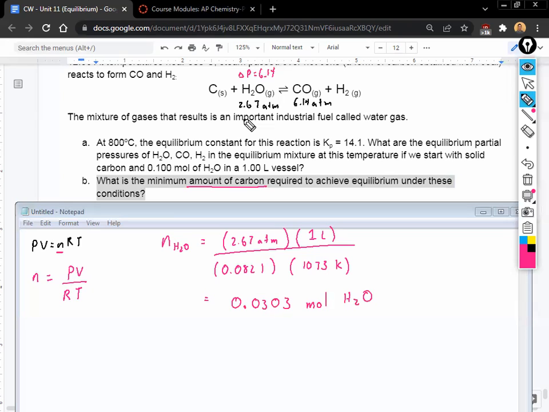We have to talk about the amount that was reacted. Does that make sense, guys? Remember, we started with 8.81 atm of H2O in the beginning. This is our initial. But then we ended up with 2.67 atm. So what matters for how much was used is the change, not the final value.